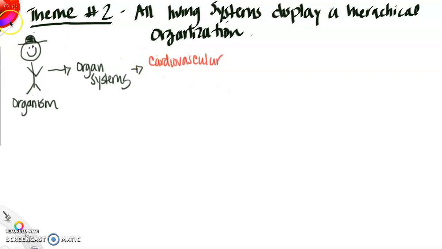So we also have the urinary system. For example, the urinary system works with the cardiovascular system. It's made up of the kidneys, the ureters, the bladder, and the urethra. It filters the blood, helps get rid of wastes, and keeps or gets rid of water and fluids, that type of thing.